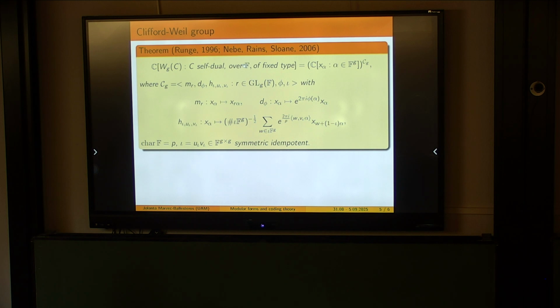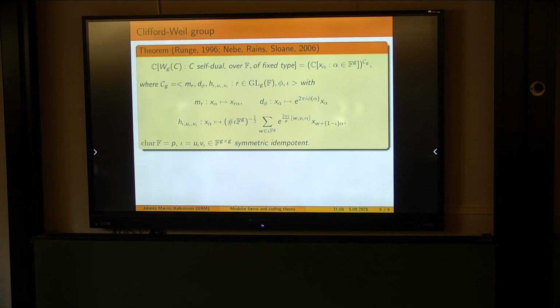So we are over any finite field F, and they proved that the C-algebra of these genus g weight enumerators associated to self-dual codes over a finite field F of fixed type, so of the same family, are precisely those homogeneous polynomials in a number of variables that depends on g, which are invariant under the action of a so-called Clifford-Weil group.